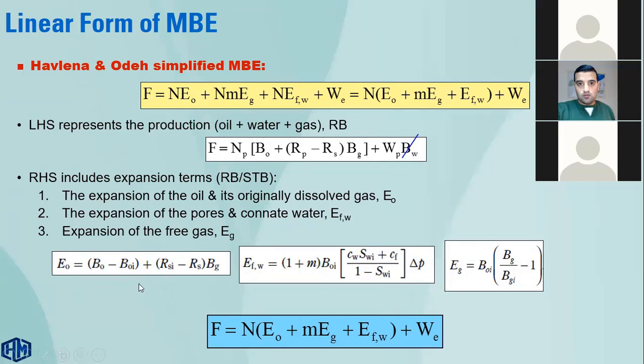And this is the equation for all of them. Finally, this is the general straight line form of the Havlena-Odeh material balance equation.